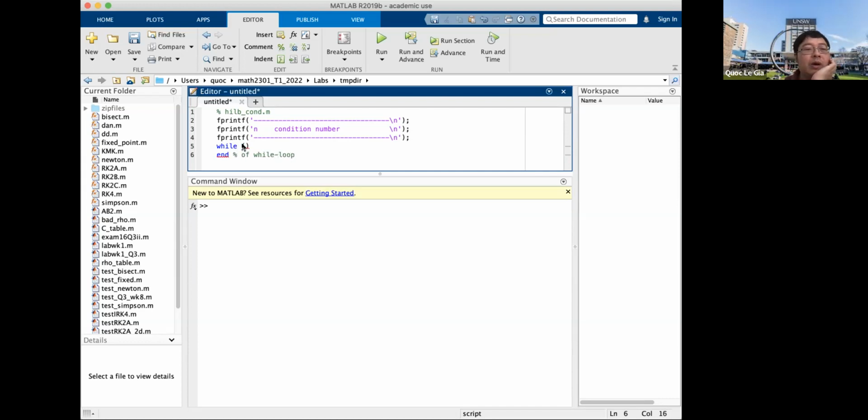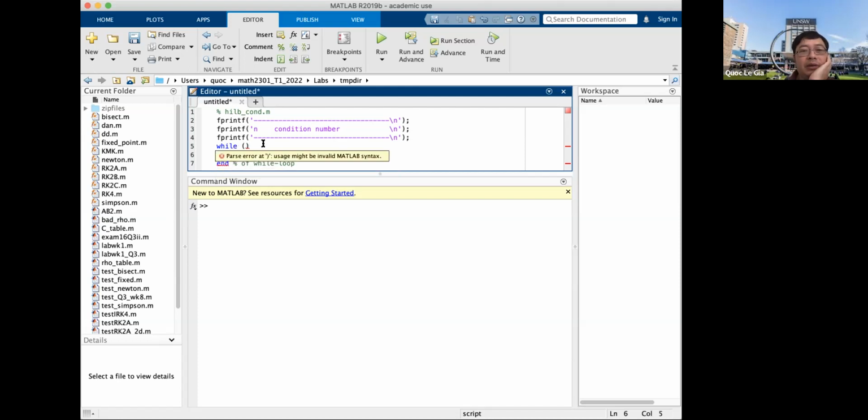What is the condition, and what is inside the loop? Let's do it step by step. What is the condition for the while loop?